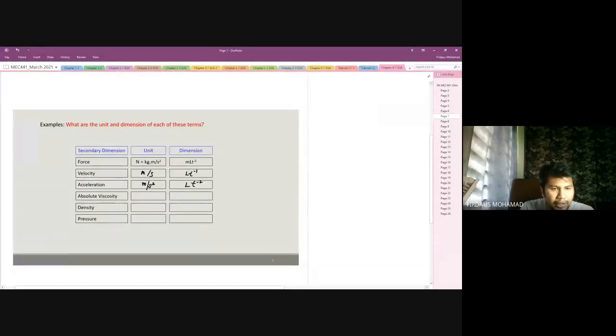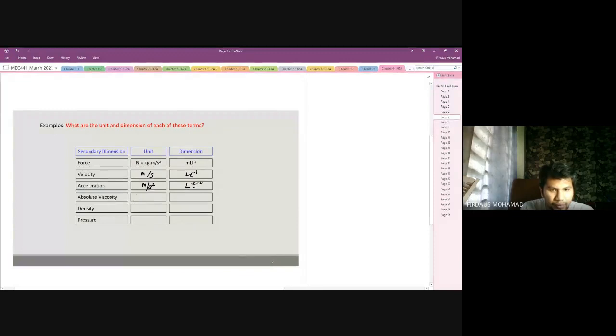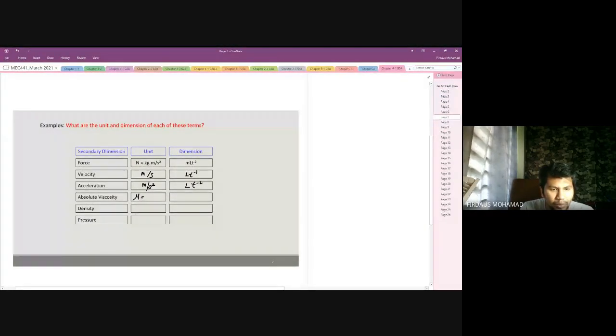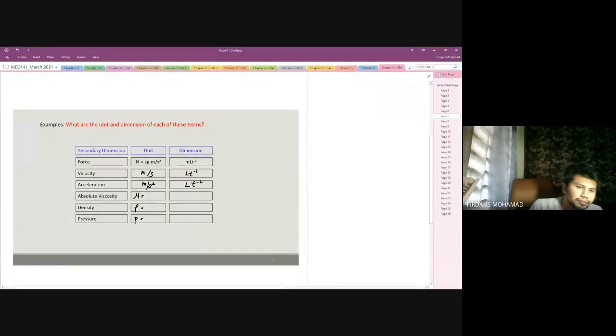Absolute viscosity ataupun dynamic viscosity apa? Ingat tak? Mu. Tengok balik, mu apa unit dia?